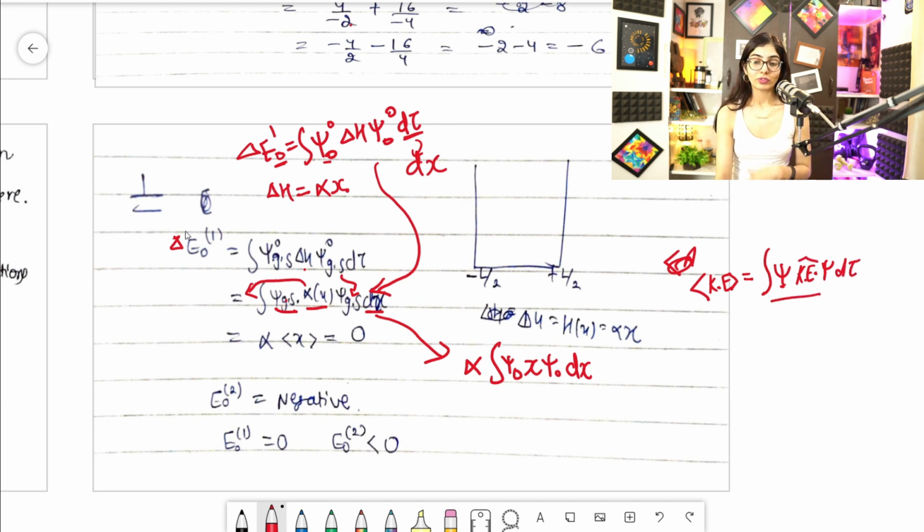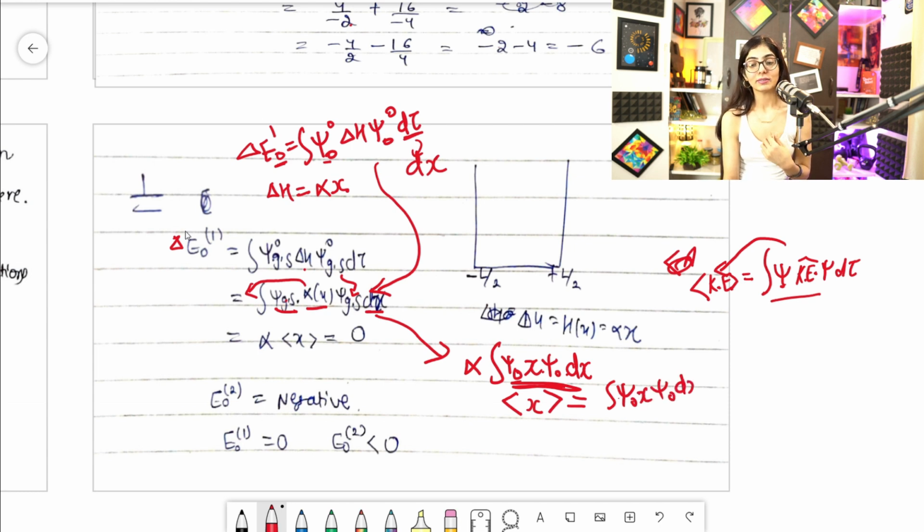So that's what we can always write like this, and we can write it like this also. Now I can replace this whole term with this, because this is psi naught x, psi naught dx. I can write it like this. That means the average value, because the average value formula of x displacement would be psi naught x, psi naught dx. Clear? I'm just replacing it with this thing. Clear, guys? I hope that thing is clear to you.